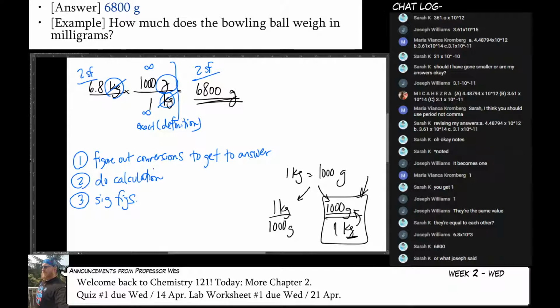And I'll leave this information up there for you in case it helps you. But remember, this time we want milligrams. So you're going to have to look up, or maybe you remember the conversion between milligrams and grams. Look that up, write it down, and then do the calculation. I'm going to give you 2 or 3 minutes to do this, and then we'll go over the answers. I'll see you in a bit.